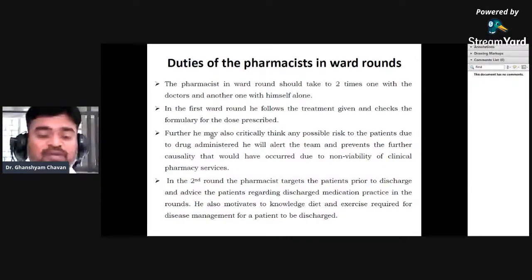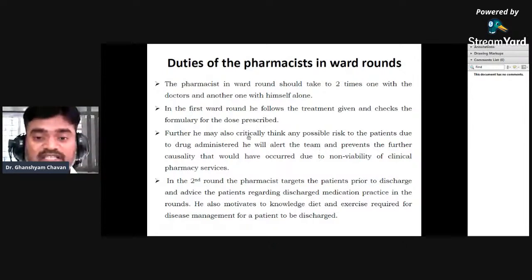Further, he may also critically think about any possible risk to the patients due to the drug administration, and he will alert the team, because pharmacists know about the side effects and adverse effects of the drug. So he will discuss or critically think before giving any drug.